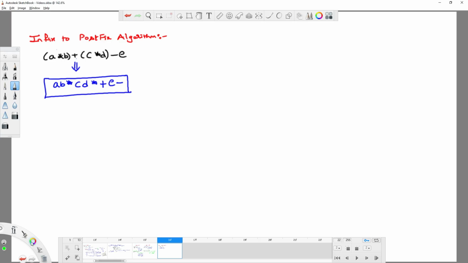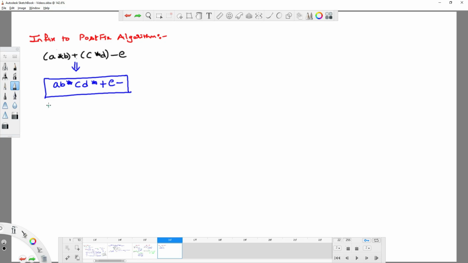Guys, what you can do now is traverse, scanning from left to right, always. Before that, let me substitute a set of values for this expression. That's a better approach.